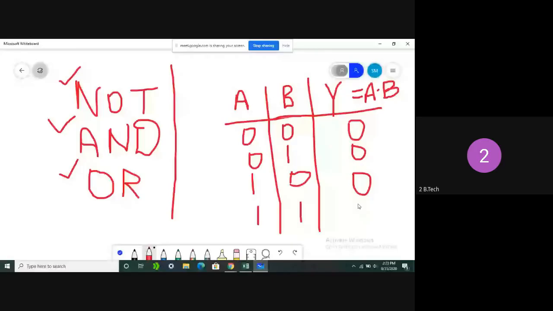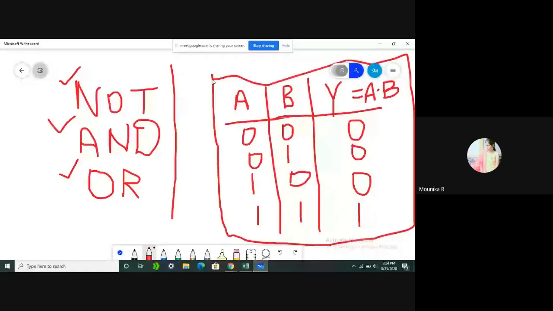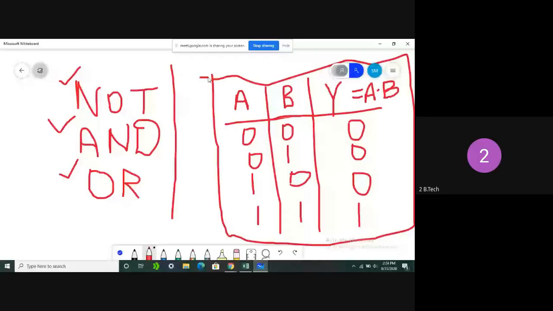From this we learn that if you perform the AND operation on any signals, only if both signals are high will we get an output. Otherwise we get 0 output. Is that clear, all of you? Yes, sir. This table is called a truth table. Whatever table I am presenting here is named the truth table for AND logic.